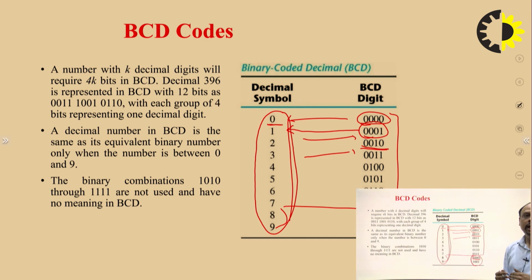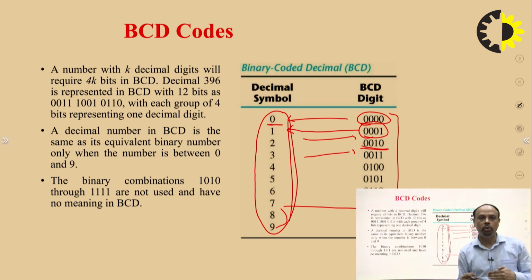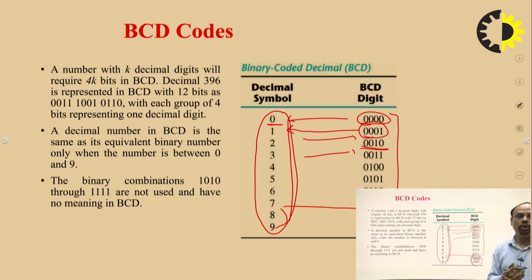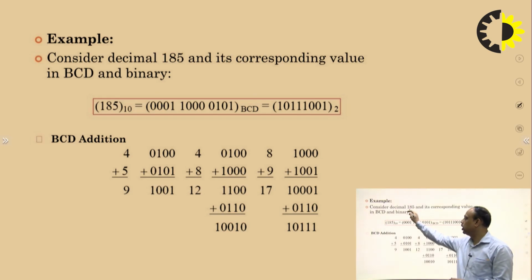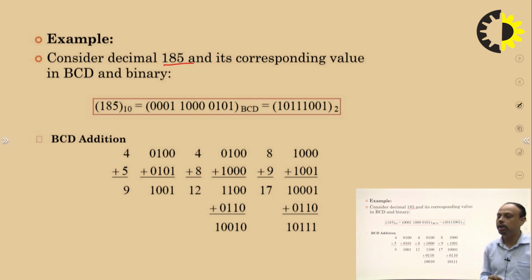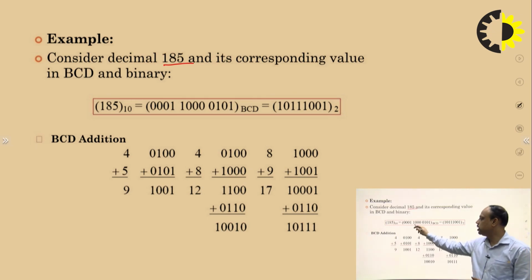So, we can say that the decimal number is represented in binary form with the help of binary coded decimal. Now, how can we perform addition in binary coded decimal numbers? We can easily convert any decimal number into its BCD equivalent.